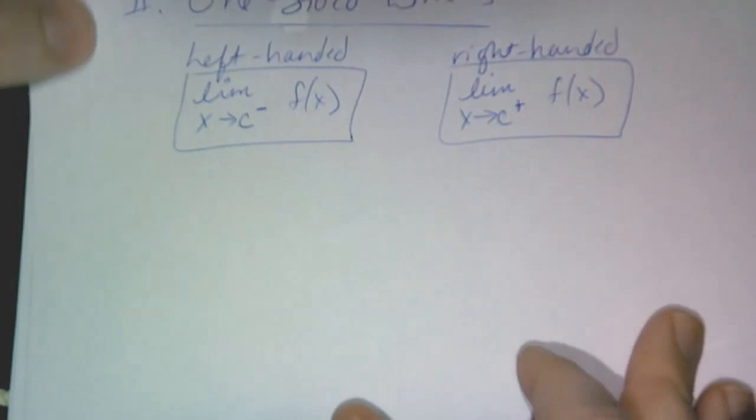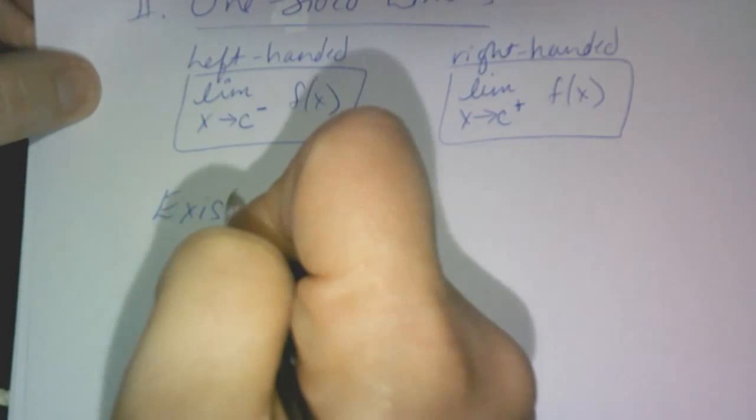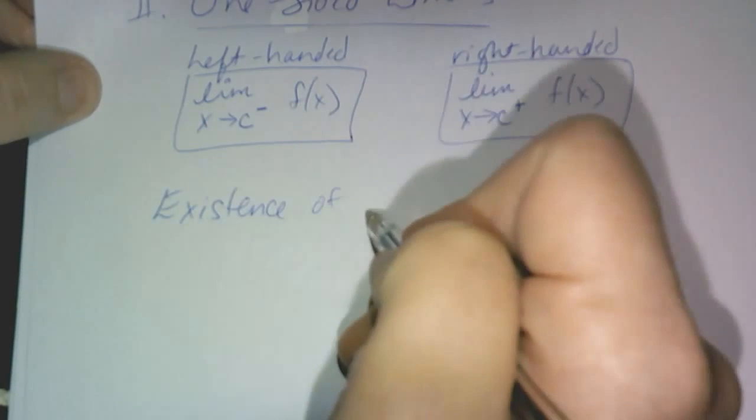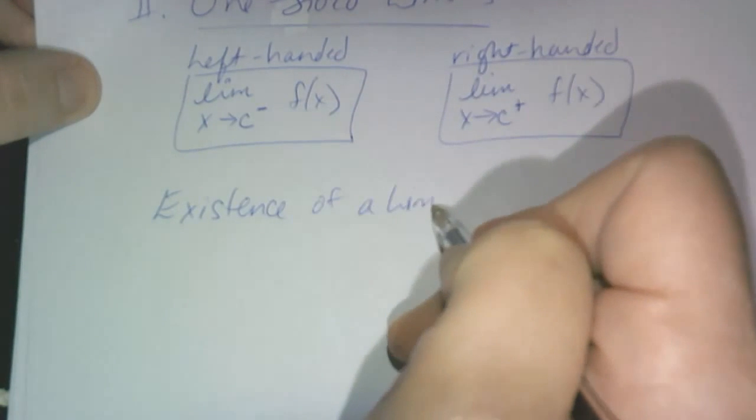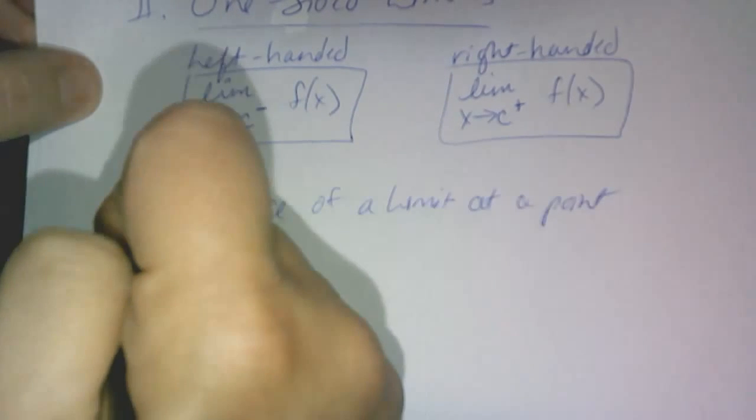Now, the proper definition for the existence of a limit at a point. Write this down.